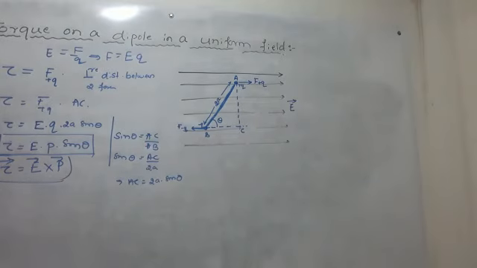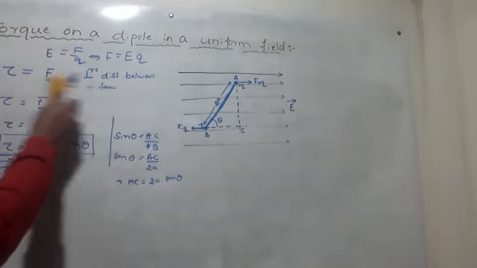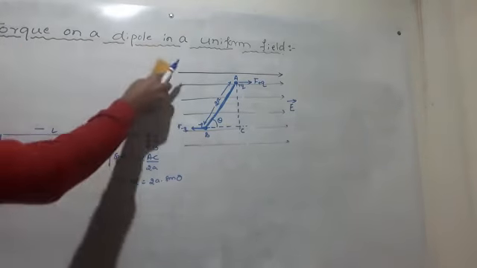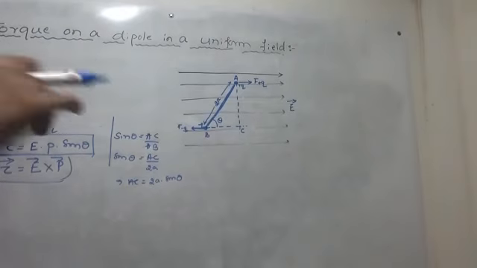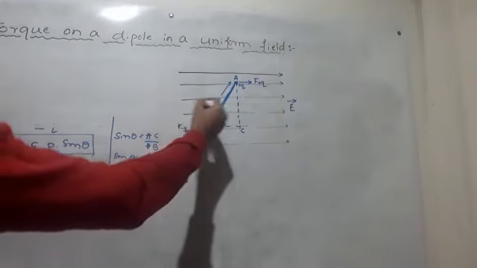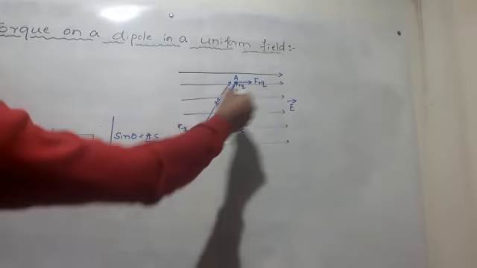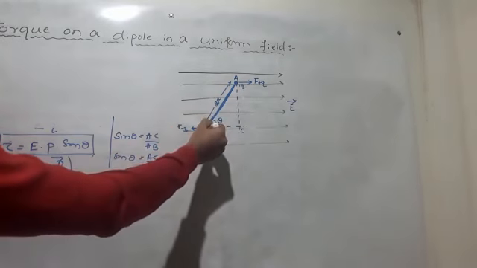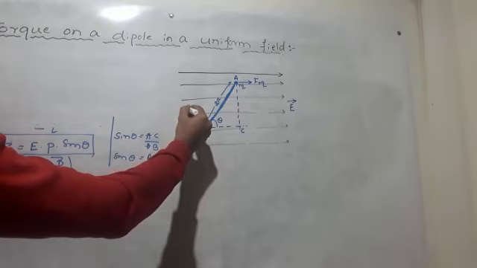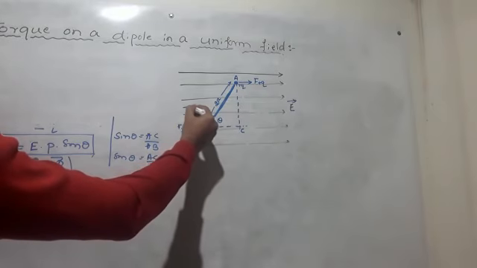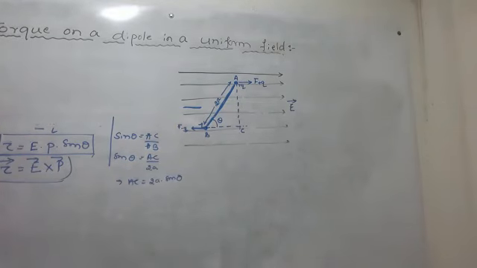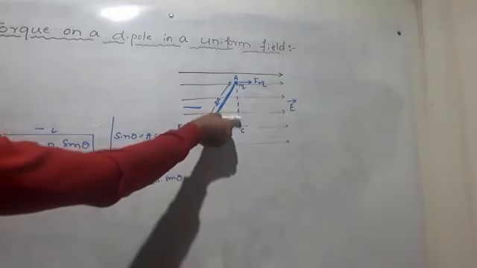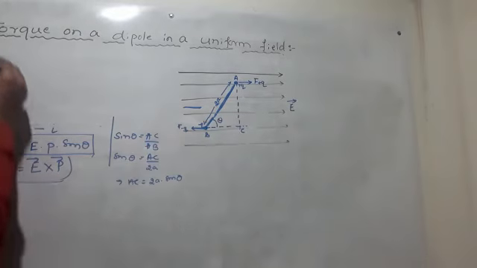Now let me consider different cases. Say, for example, if the dipole is along the direction of the electric field, that means instead of placing it like this, I place the dipole along this direction, then this theta becomes 0.